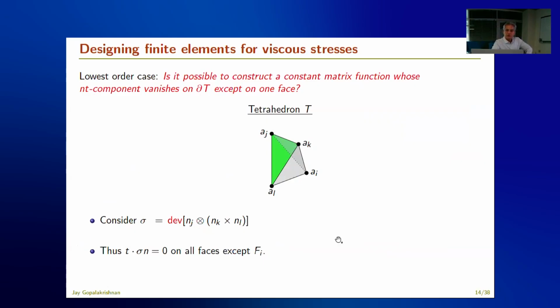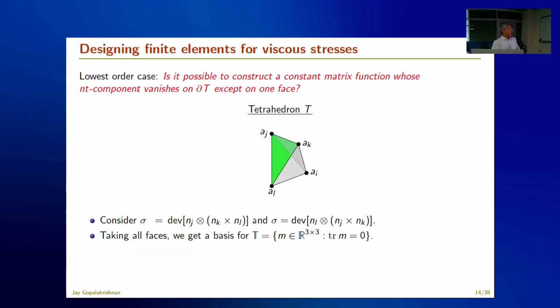If you permute these indices, you still correspond to the same face, and you get one more function which has the same property. So we now have two piecewise constant matrix fields per face. And it turns out that this makes for 8 functions that span the space of all constant traceless matrices. So this is the beginning of how to make finite elements.